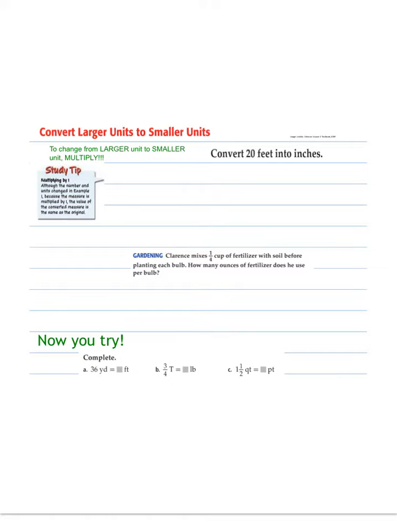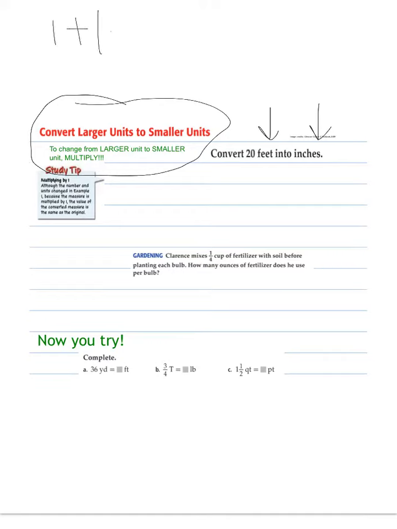So converting from larger units to smaller units, we need to multiply. This would be really important to write down and circle in your notebooks. So when we say larger units to smaller units, we are literally looking at the units that we are converting. So feet to inches, I know that 1 foot equals 12 inches.